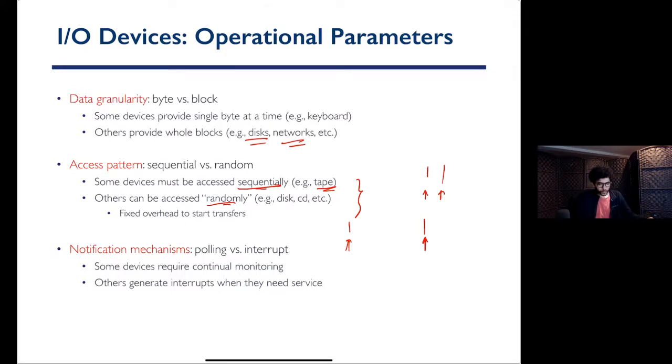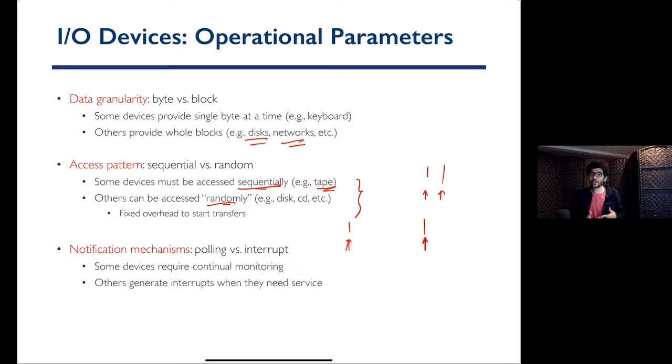Now, the other thing is: is the device capable of notifying the CPU? Or if it is, how? If you tell your device to do a certain thing, how do you check if that thing has been done? Or if your device is an input device, how do you know that an input has been provided?